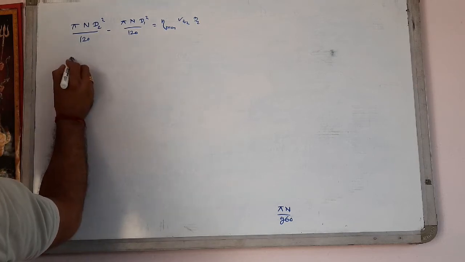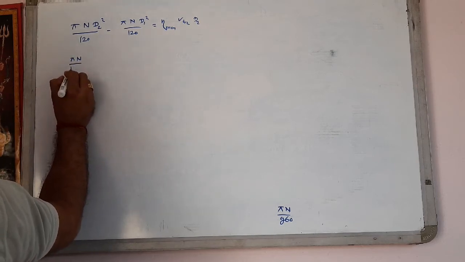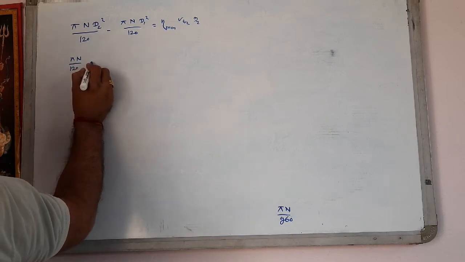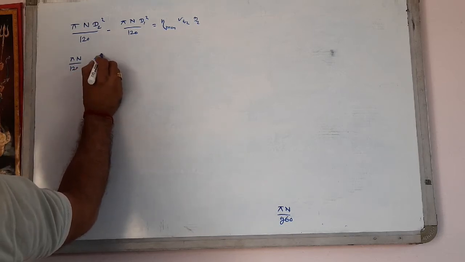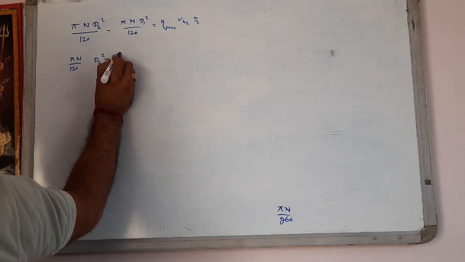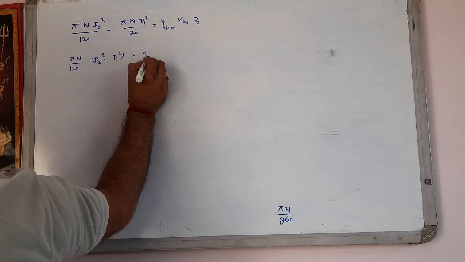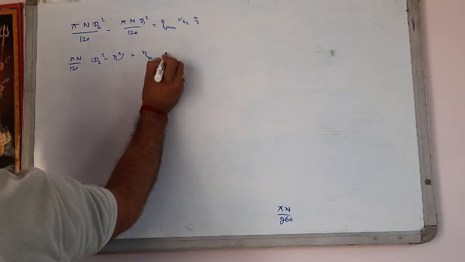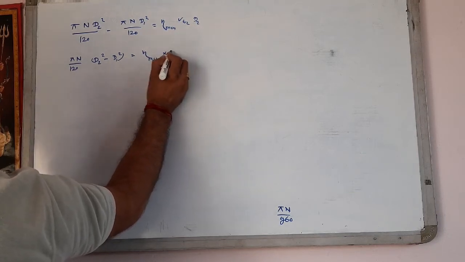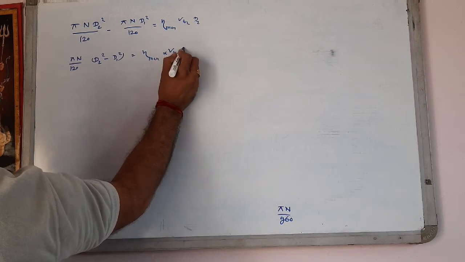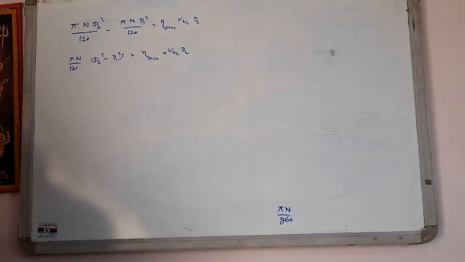Or we get pi N by 120 as common, into D2 square minus D1 square, equal to eta manometric into VW2 D2.